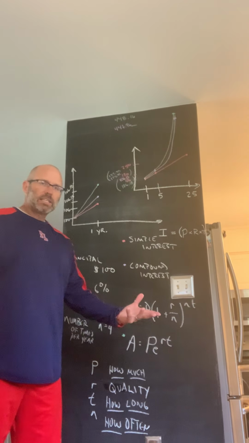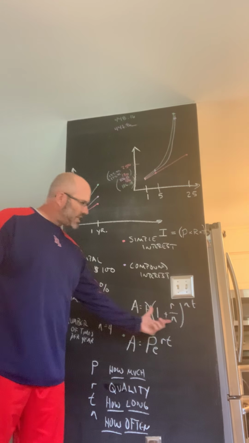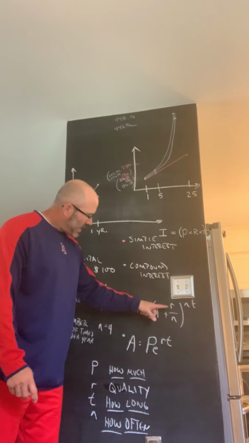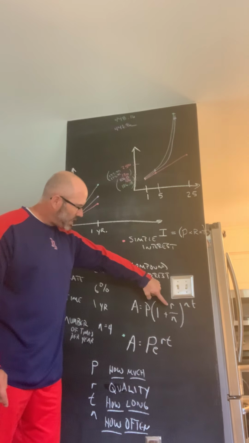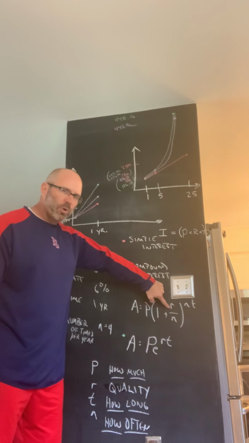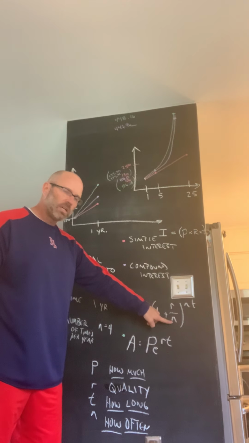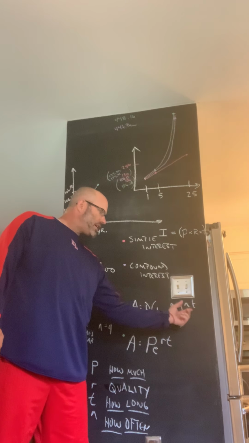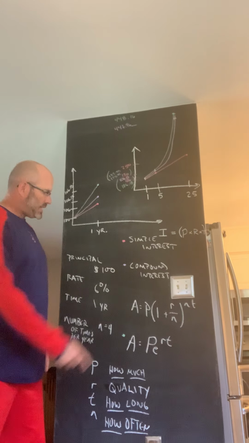So now the formula gets a little bit trickier. It says this principal, $100, gets multiplied by, and now here's this funky little quotient. It's a division step. In our example, it would be 0.06 divided by 4, and then we would take it to the 4 times 1 power, or the 4th power. So it would look like this.